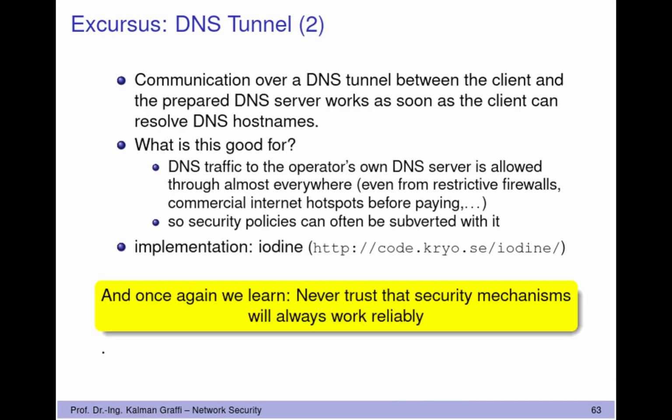So what can you do? Communication over the DNS tunnel between client and a prepared DNS server works as soon as you are allowed to resolve DNS host names. So an attacker could circumvent this kind of captive portal and use the Wi-Fi without permission, and just look up the websites they want without interacting further with the captive portal.